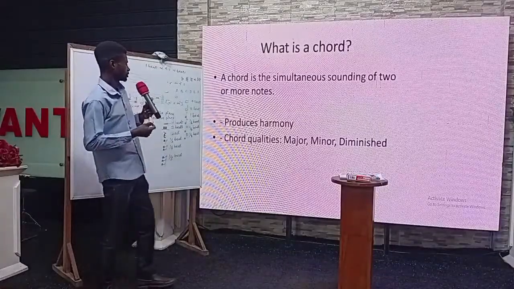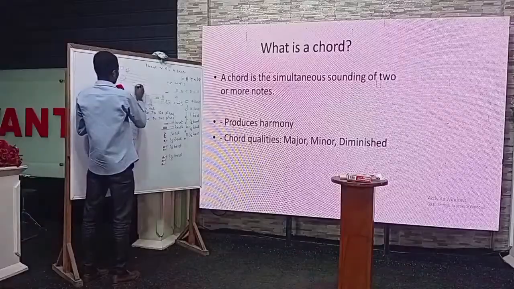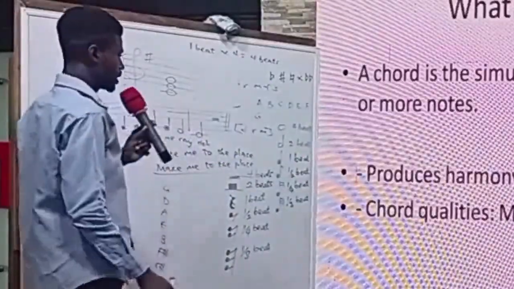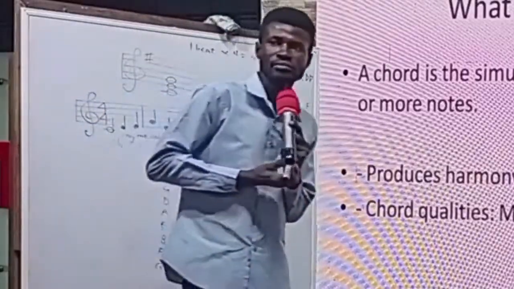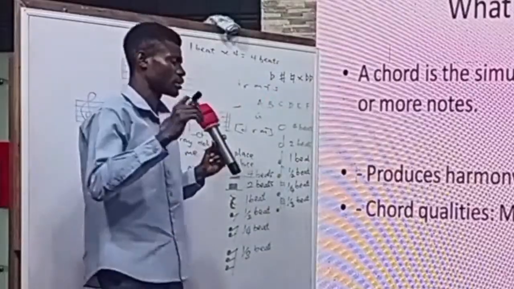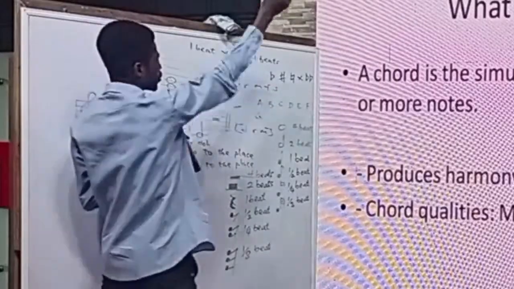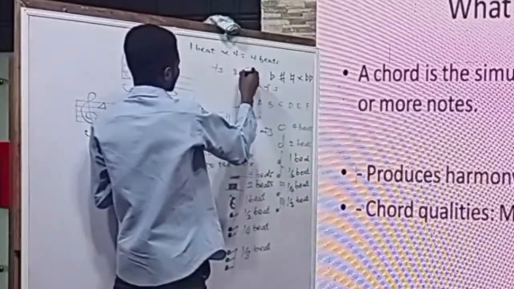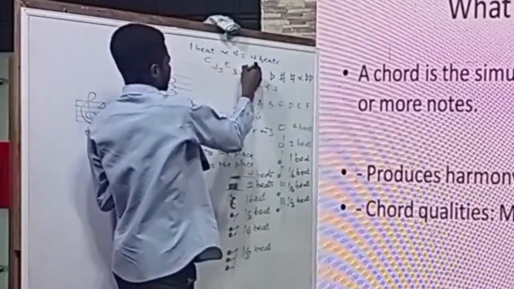For instance, this chord C, E, G is a major chord. And then there is a formula by which these chords are composed. There are different formulas. For instance, for a major chord, we have 4 semitones between the first and the third.